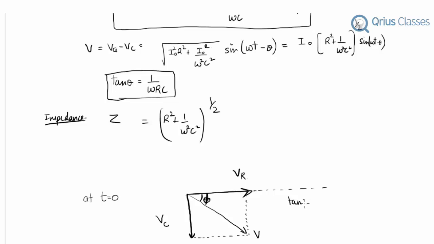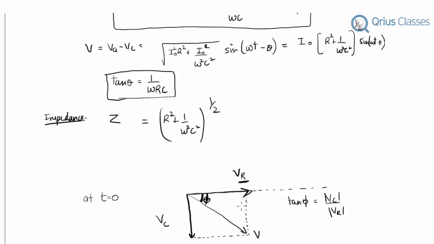We can say that tan phi would be mod Vc by mod Vr. And what does this tan phi mean? It means that the potential difference across the resistance leads the potential difference supplied by the source by an amount phi.